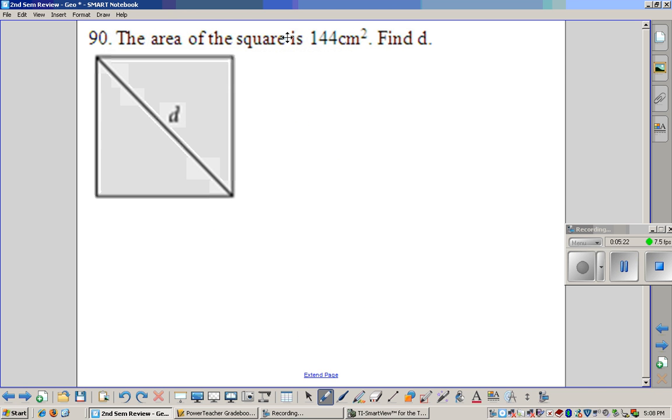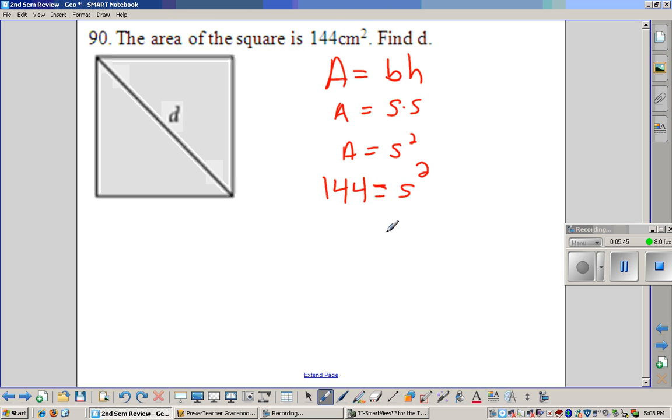This problem says the area of a square is 144 centimeters squared. Find D. Well, the area of a square is base times height, and the base and the height are the same, so the area is just side squared. We know the area is 144, so that's equal to side squared. We'll take the square root of both sides.